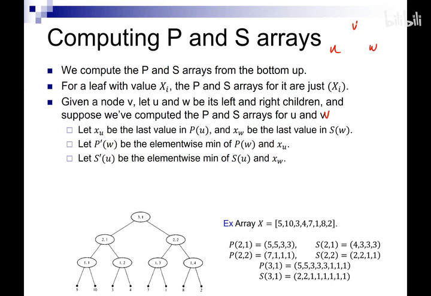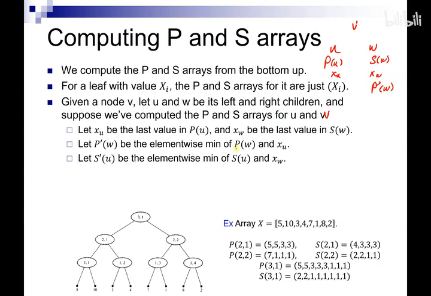Okay, so we have this P of u over here, and then x of u is the last value in here. And then we have the S of w array over here, and then x of w is the last value in here. Okay. So now we're going to form a new array P prime of w.